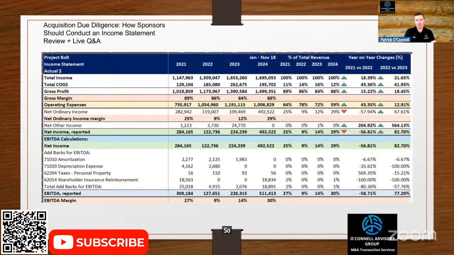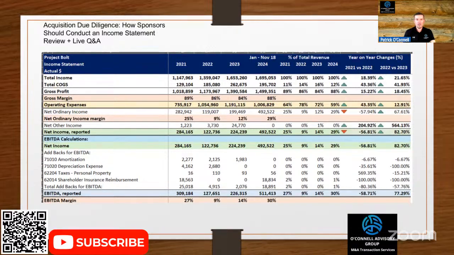If we zoom in, you'll see the company had income of about 1.1 million, and then in 23 and 24, it increased to 1.6. You'll see the company had operating expenses of about $1 million in 23 and 24.